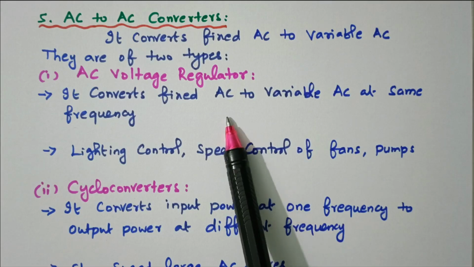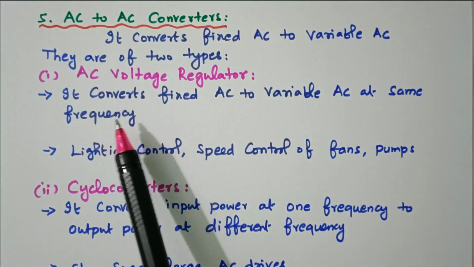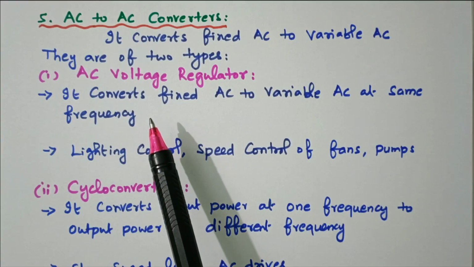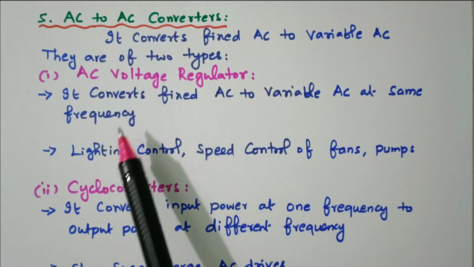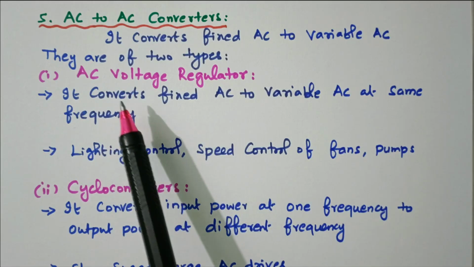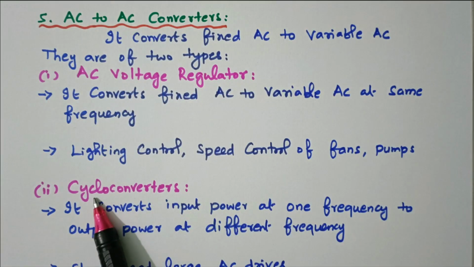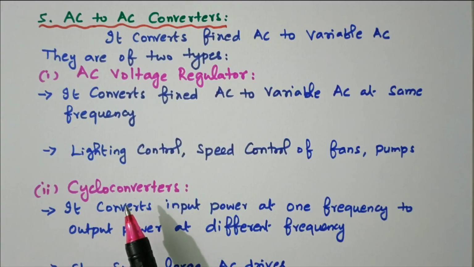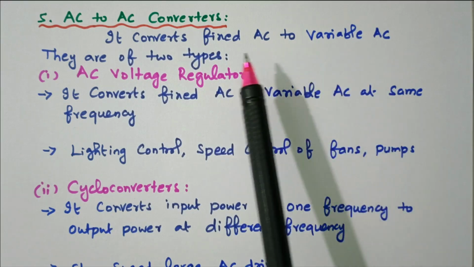That's why it's called DC, direct current. In the case of AC, alternating current, the magnitude keeps changing, and also we have frequency. Two terms are available. So based on that, there are two types. If we vary the magnitude, that's called an AC voltage regulator. If we vary the frequency, it's called a cycloconverter. So it converts fixed AC into variable AC.